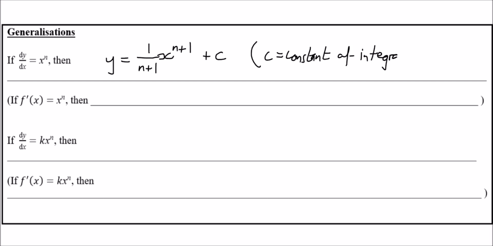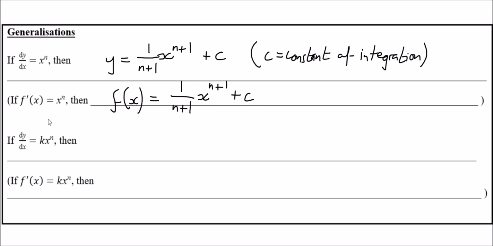Now the second line is exactly the same thing, but I'm just writing this in a different format. So in function format, f dashed of x is how you'd write the derivative, then the original function would be f of x, which is 1 over n plus 1, x to the power n plus 1 plus c.